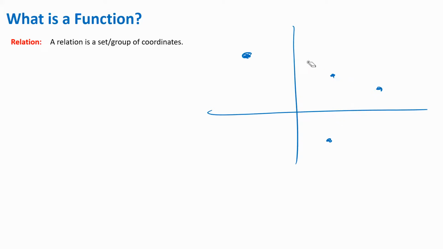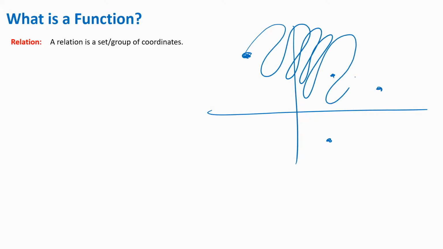If I decided to draw a graph that was like that, that's a relation, okay? Because all it just means is it's a set or group of coordinates. So you have a group of coordinates and every dot that I drew in that line there is a set of coordinates.